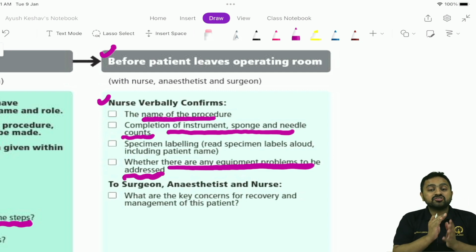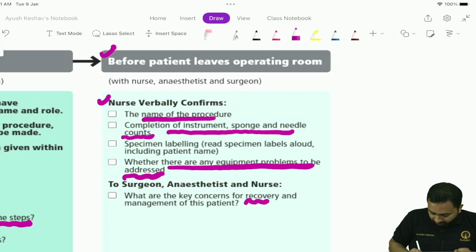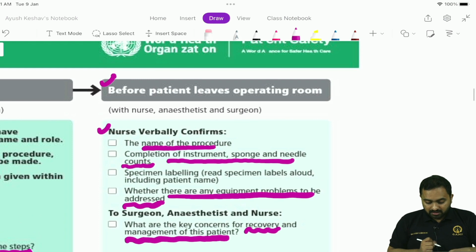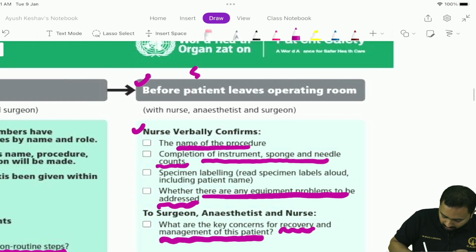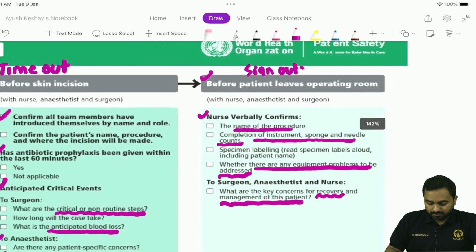And to the surgeon, anesthetist, and the nurse, what are the key concerns for recovery and management of this patient? This is also known as your sign out. So these are your components of sign out, that is before the patient leaves the operating room.